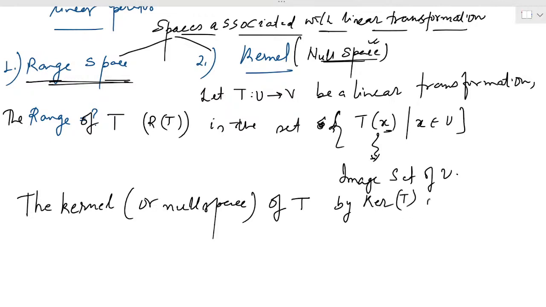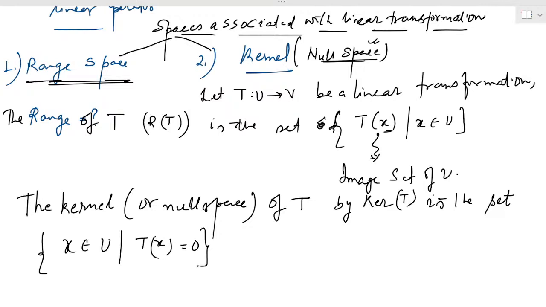Kernel T is the set of all those elements in U such that Tx is equal to 0.